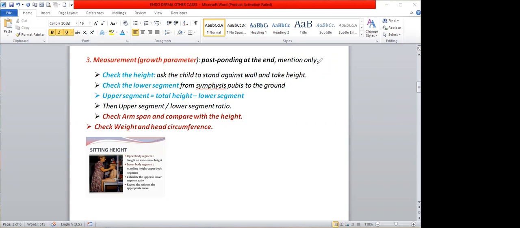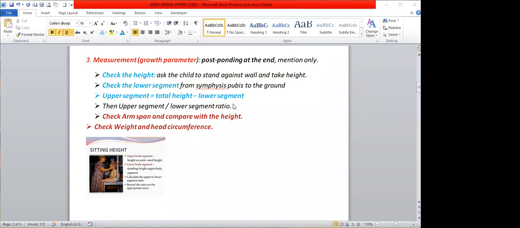So in the exam, most likely they will not allow us to actually measure. So it is better to mention, I want to measure the upper segment as well as the lower segment, and the total after taking the total height. That will be enough.